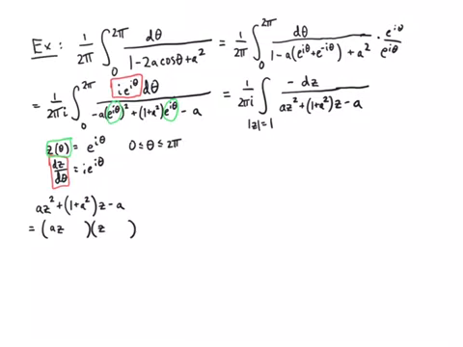Something's off here. Oh, I see what's off. Excuse me. This plus sign should be a minus sign. And that's going to mean that plus sign is a minus sign because I took that factor of -1 out.